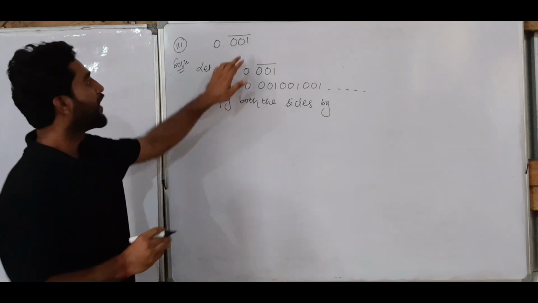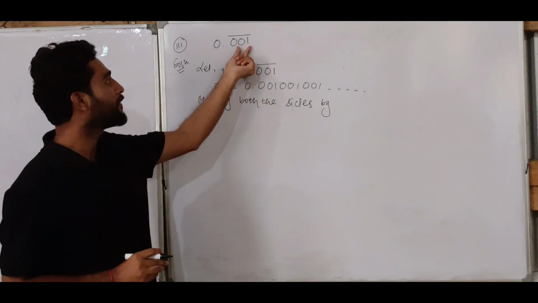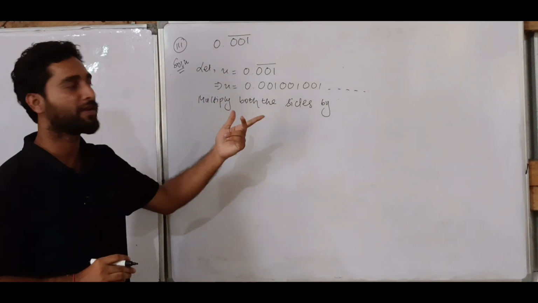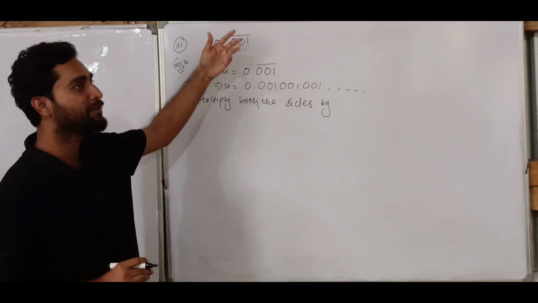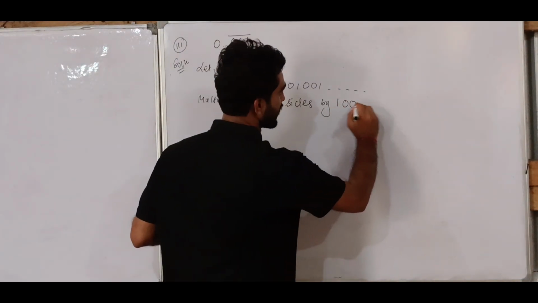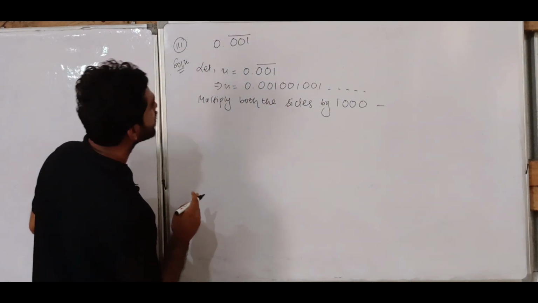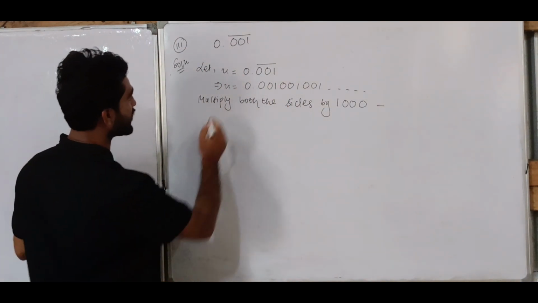Okay, sorry. If above the 1 digit bar is there, then we have to multiply with 10. If above the 2 digit bar is there, then we have to multiply with 100. If above the 3 digit bar is there, then we have to multiply with 1000, not with 100. So if you multiply both the sides by 1000, what will we get?